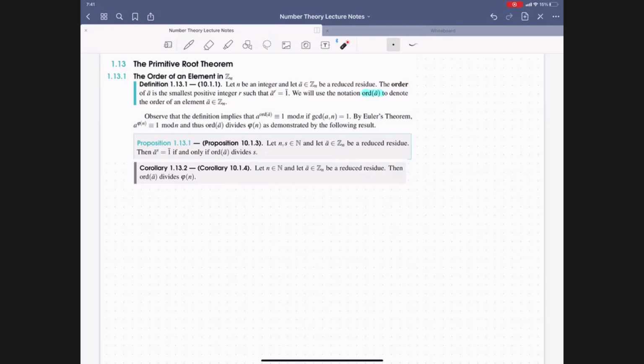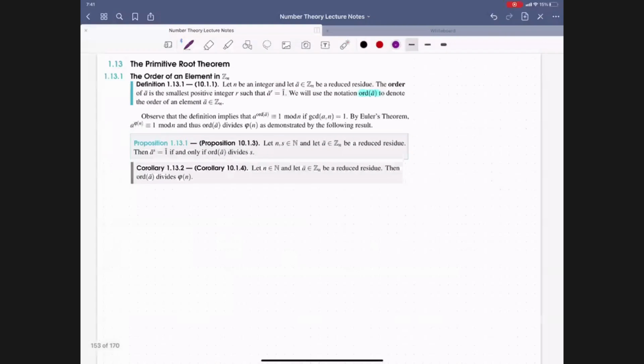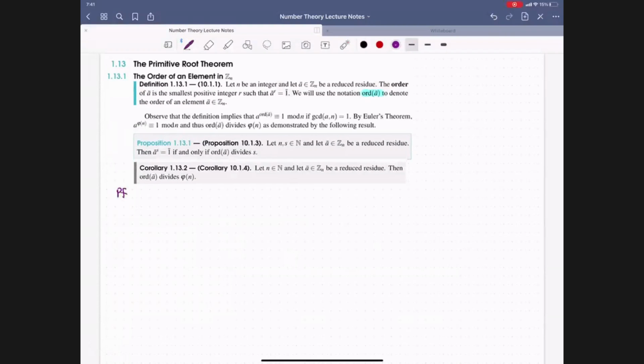That's our first statement over here, proposition 10.1.3, which tells us that if we have two natural numbers n and s, and a bar is a congruence class of the integers modulo n that is a reduced residue, then a bar to the s is equal to 1 bar if and only if the order of a bar divides s. So how do we prove this? Let's go ahead and prove the proposition, then we'll come back to the corollary right below it.